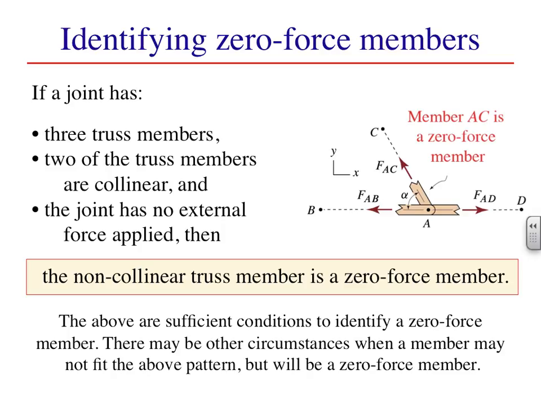As the slide indicates, the non-collinear member of a three-member joint can be identified as a zero force member if two of the three truss members are collinear, the x direction in the figure, and there is no external force component at the joint in the direction normal to the collinear direction, the y direction in the figure. Under these circumstances, equilibrium in the direction normal to the collinear direction requires the non-collinear member to carry no load and therefore be a zero force member.